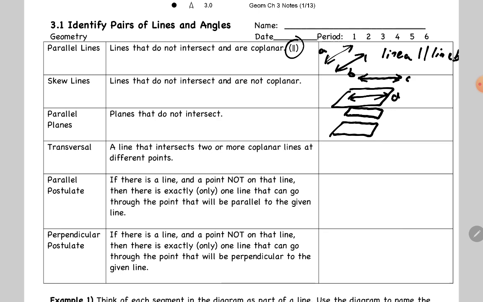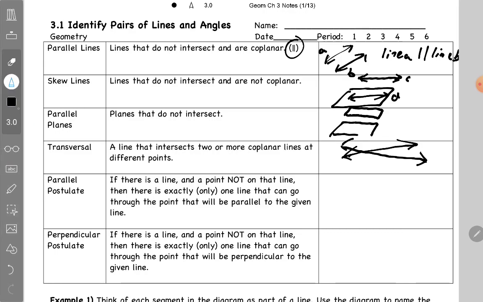Transversal. A transversal is a line that intersects two or more coplanar lines at different points. So let's say we have two lines. They don't need to be parallel or anything. There's just two of them. The transversal will just be this red line here.